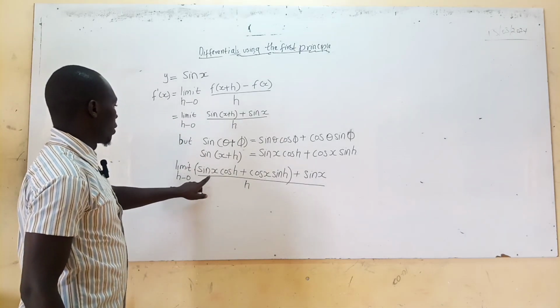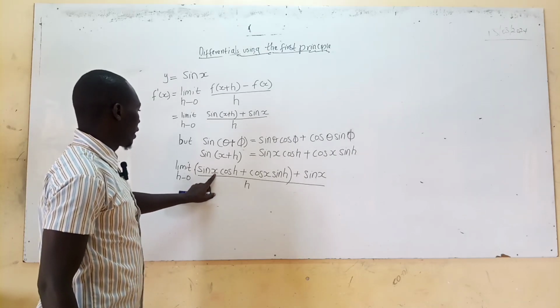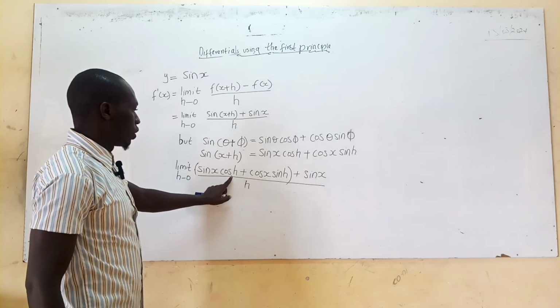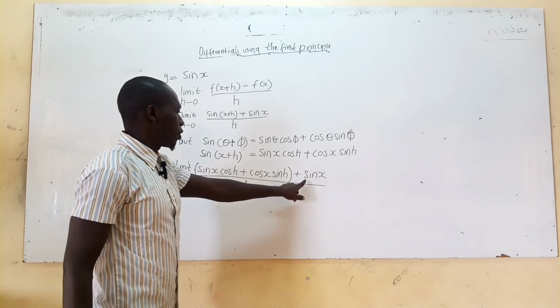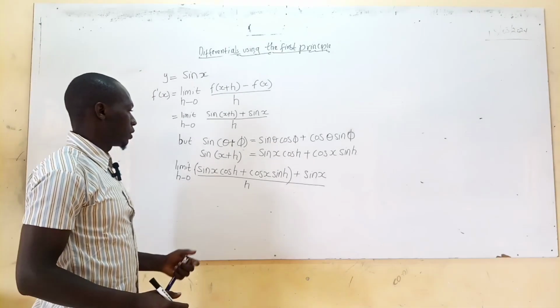So here, when you check at sine x cos h, we can say it is a term of sine x, to mean that they are both like terms.